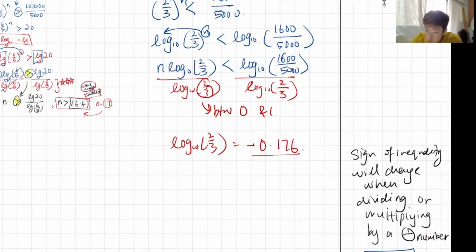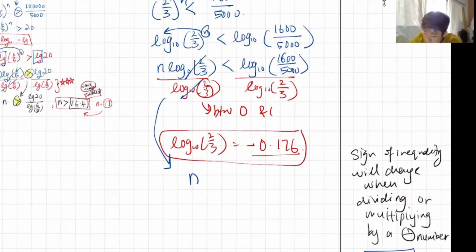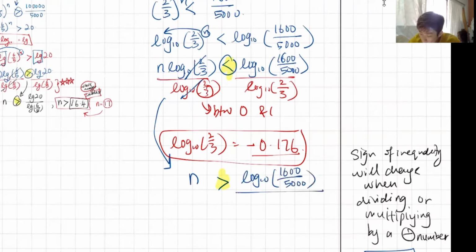So when you move to the next step, you divide already, this one you cancel, correct or not? So you're left with n only. This one I draw in the box so that you don't get confused. So this sign will change to greater. This is a very important step I want you to notice. It will change to greater than log base 10 of 1,600 divided by 5,000, divided by log base 10 of 2 over 3.